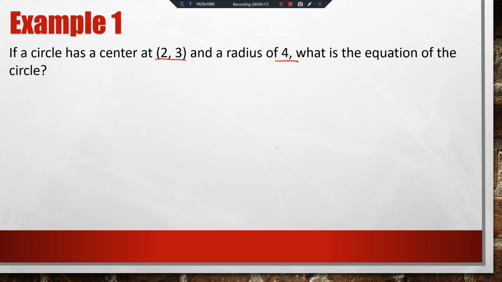So these are the givens that we have. Now, since the center of the circle is not in the origin, we're going to use this equation. Remember, in the center, x will serve as the h and y will serve as the k. So what we're going to do is simply plug in all the data to the equation.